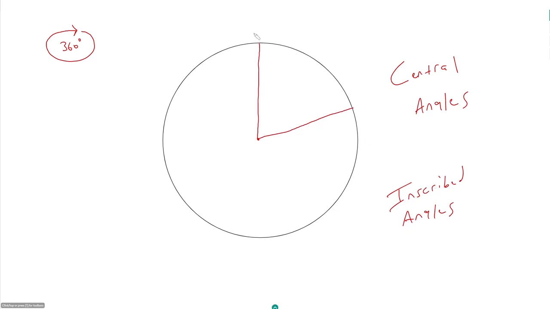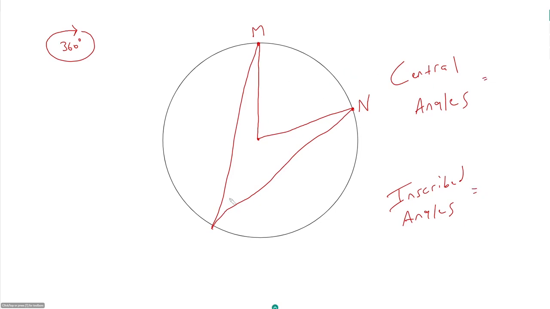So let's say the central angle intersects the circle at points M and N. Well, its corresponding inscribed angle will intersect the circle at the same points, M and N, but then instead of going just to the center, it will go all the way to the opposite edge of the circle. I call this the deli counter ticket diagram sometimes, which some of you may or may not get.